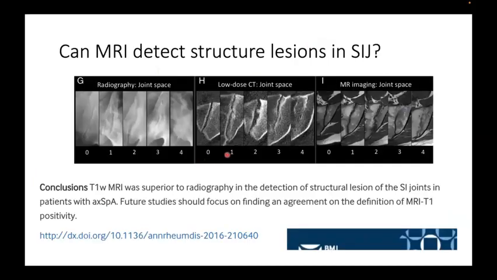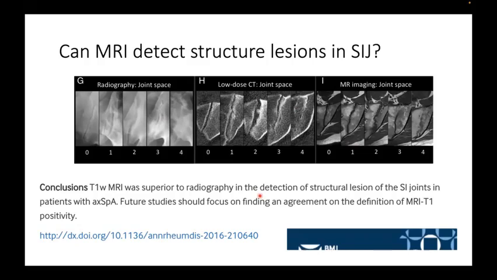Another nice study I found about MRI. We thought that MRI is less sensitive for erosion compared with CT scan. But in this study, they compared X-ray and MRI with the gold standard CT scan, and the study concluded that T1 MRI was superior to radiograph in detection of structural lesions in the sacroiliac joint in patients with axial SpA.